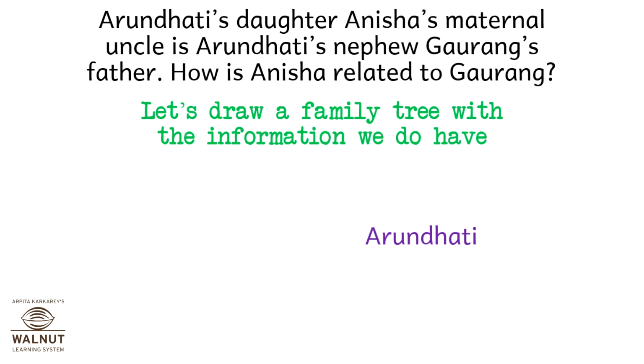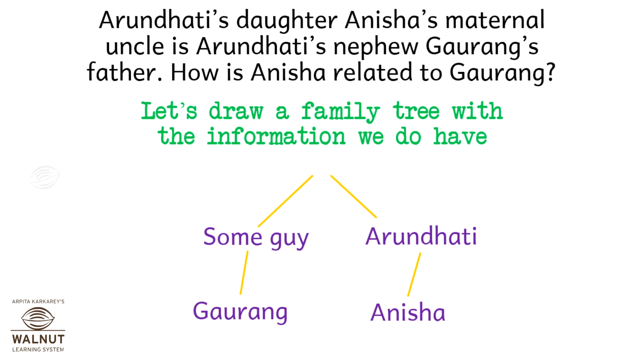We write Arundhati here and we draw an arrow and write Anisha below Arundhati, as Anisha is Arundhati's daughter. Then we draw an arrow for Arundhati's father, whom we don't know. We just write some guy there. And then we have Arundhati's brother, who is some guy. And Arundhati's nephew means Arundhati's brother's son. So Gaurang is the son of Arundhati's brother.